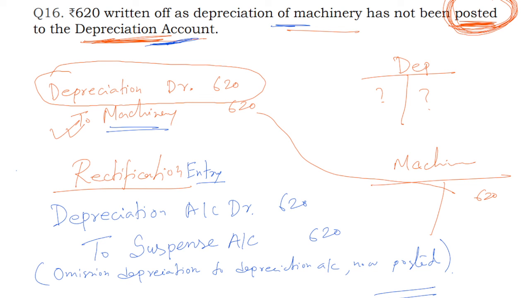It is already shared in your course content, the class 11 book, TS Grewal book. Just note down the page number: from the rectification chapter, you will find it under chapter number 18, from 18.1 onwards.